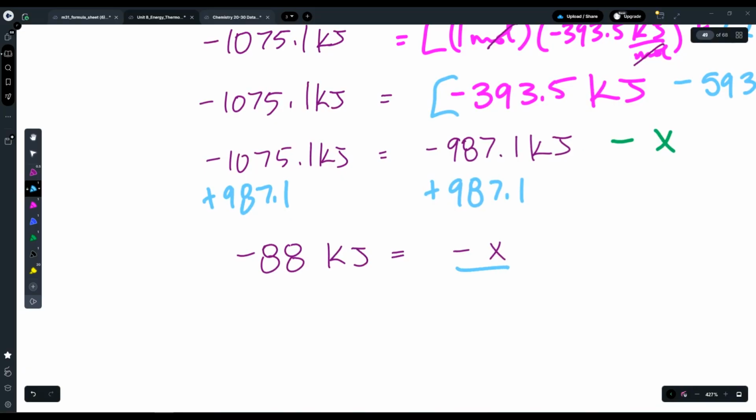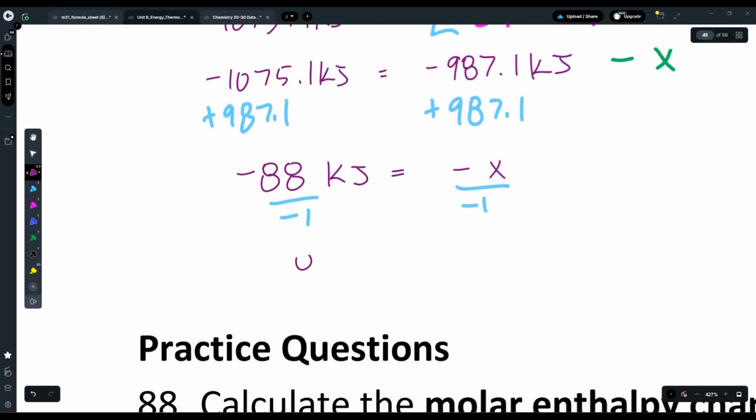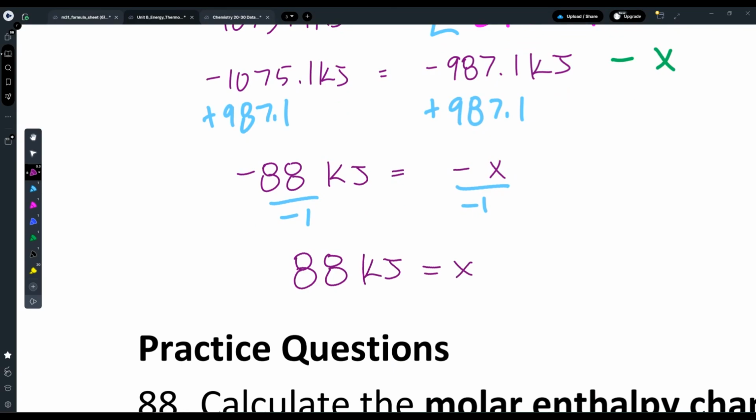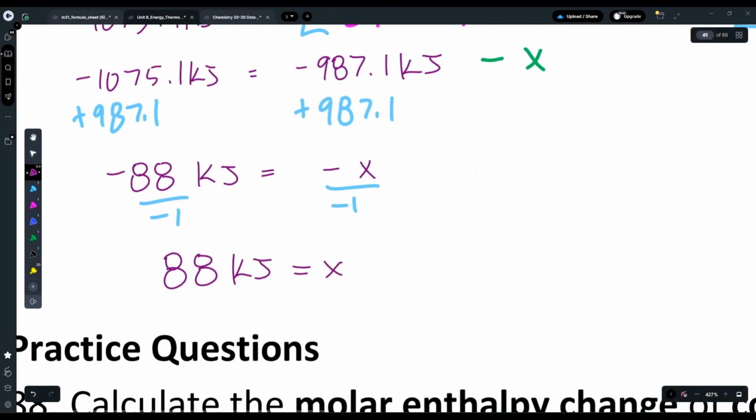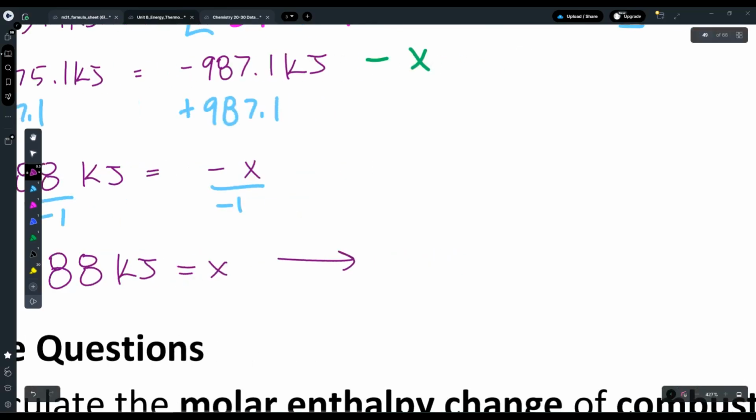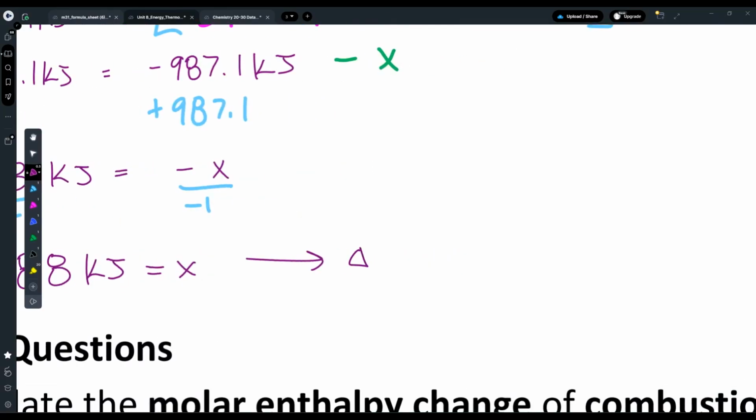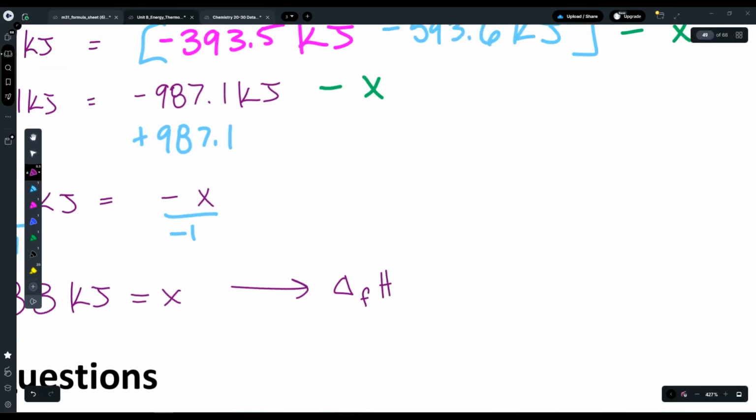And we can divide both sides by negative 1. So we have positive 88 kilojoules is equal to x. So keep in mind that this is our molar enthalpy of formation, specifically for carbon disulfide.